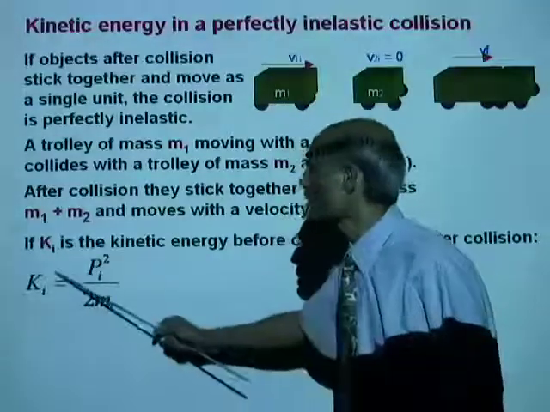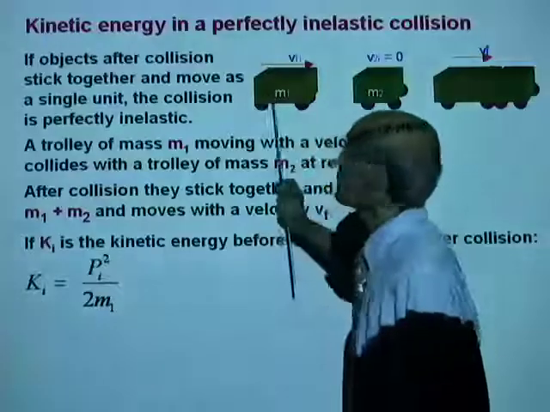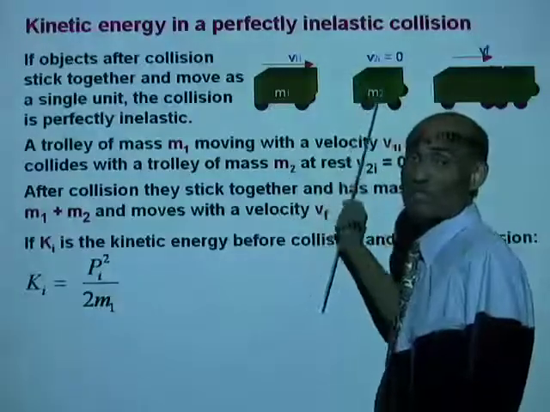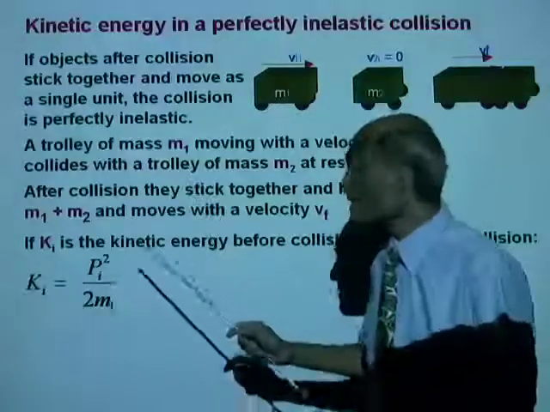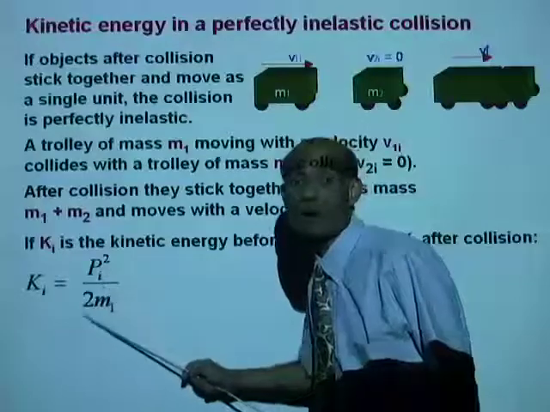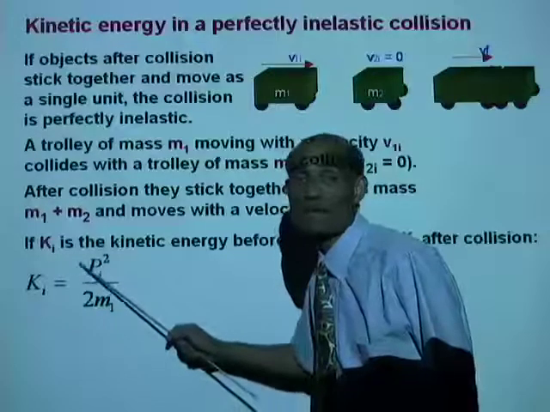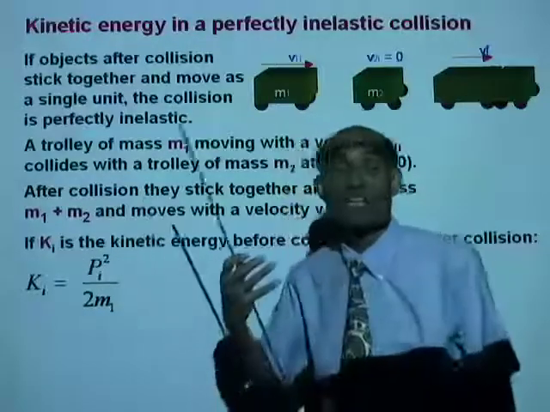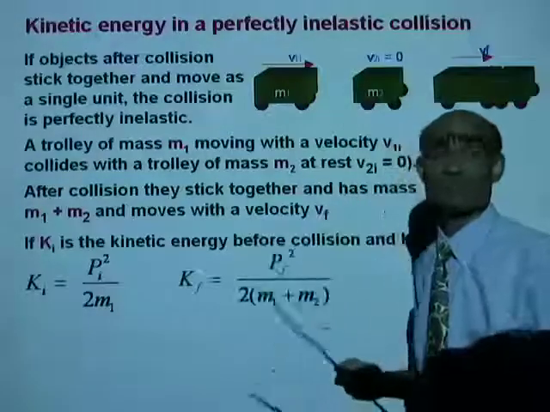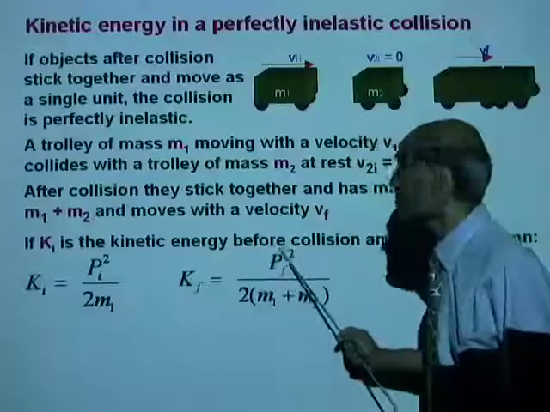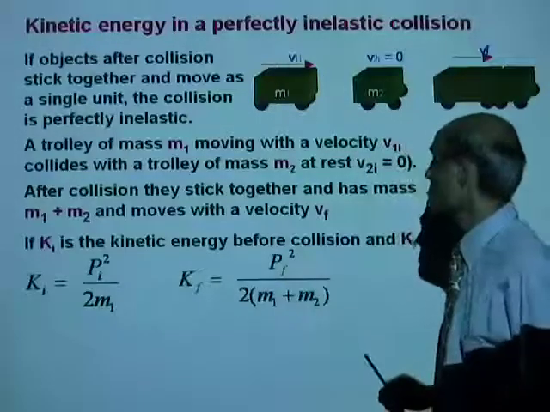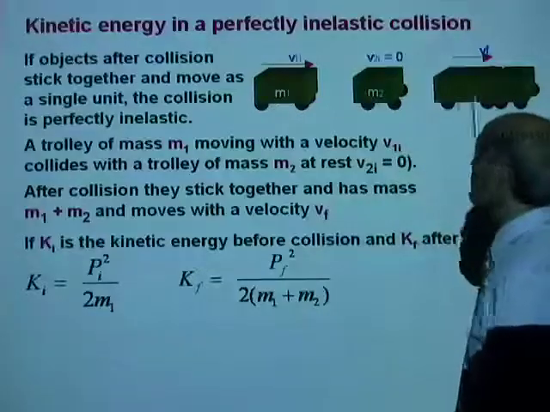So the initial kinetic energy is only the kinetic energy of the first object. The second object has no kinetic energy. So Ki is Pi squared over 2m1, where Pi is the initial momentum of the two objects. And Kf equals Pf squared over 2 times m1 plus m2, that is the total mass there.